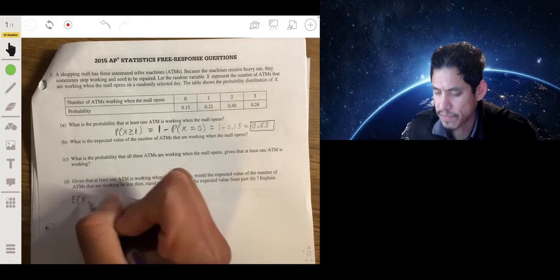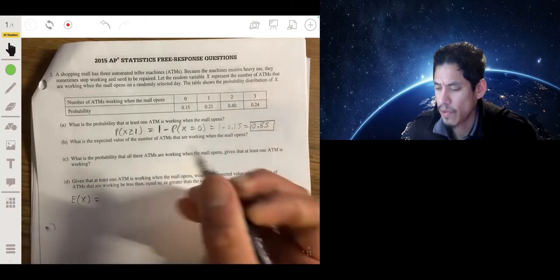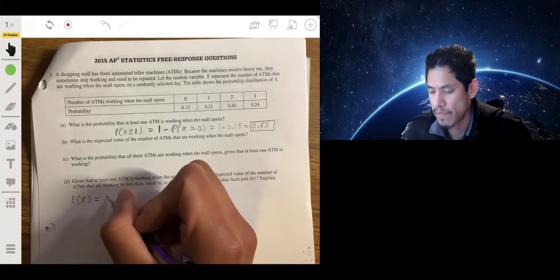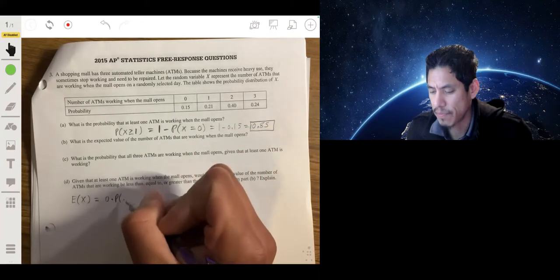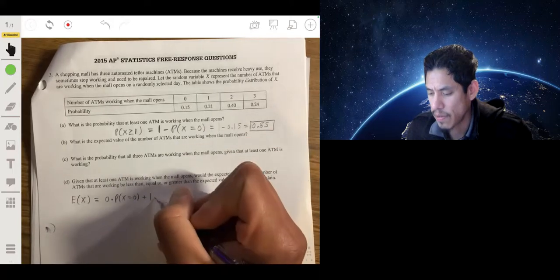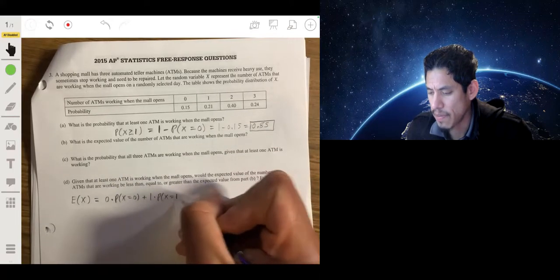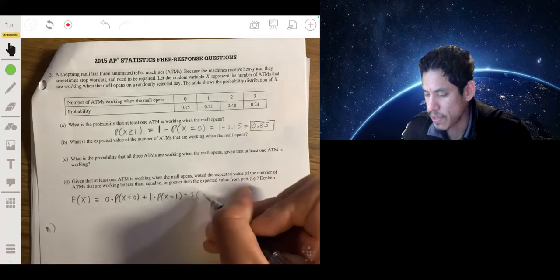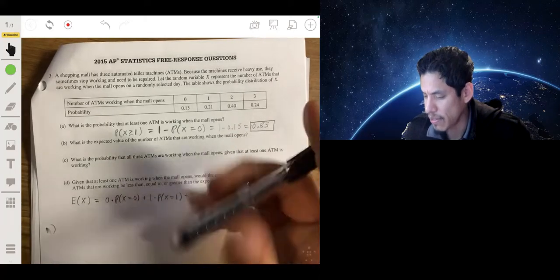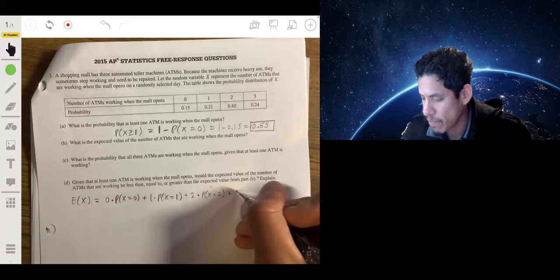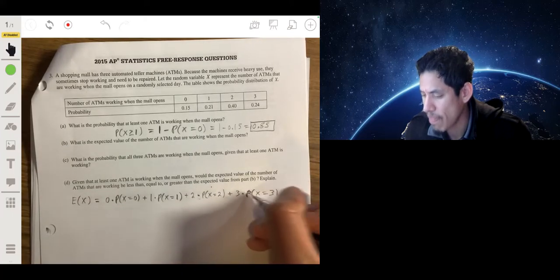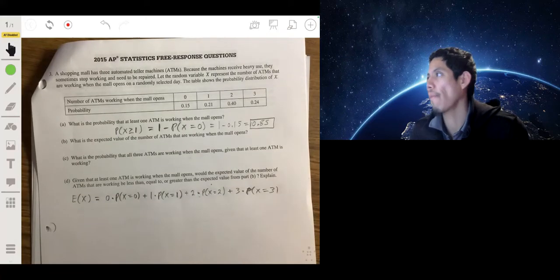E of x will be 0 times the probability that x is 0, plus 1 times the probability that x is 1, plus 2 times the probability that x is 2, plus 3 times the probability that x is 3. So we just did the algebra here.